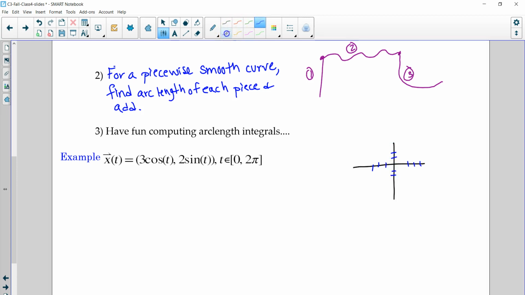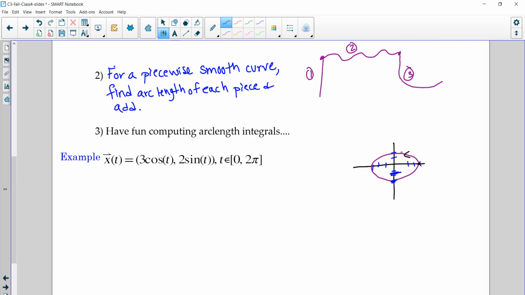So it's an ellipse, and I'm going to do my best drawing ever. Well, we'll move that tick mark. We'll call that 1, and that'll be 2. So it's an ellipse, and it's parameterized in this fashion from 0 to 2 pi.